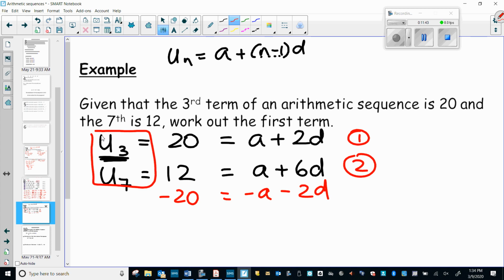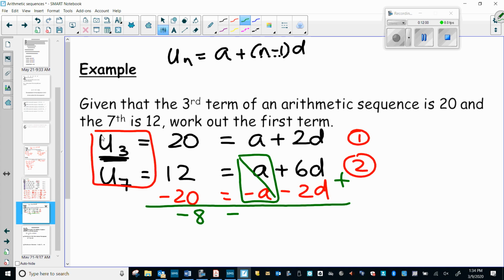I have now got a positive and a negative a, so when I add those 2 equations, that's going to disappear. So I've got 12 plus negative 20, which gives me negative 8. You have to add, right? Yes. And we've got positive 6d plus negative 2d, so that gives me positive 4d.